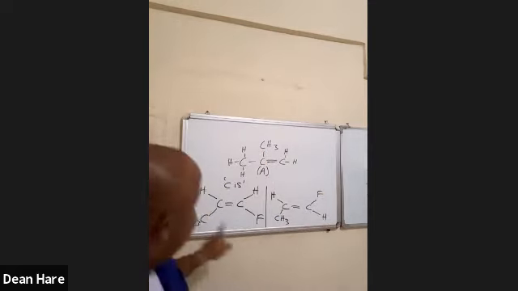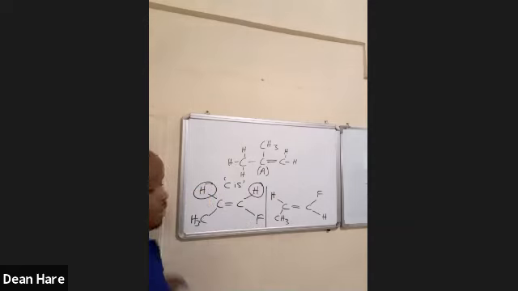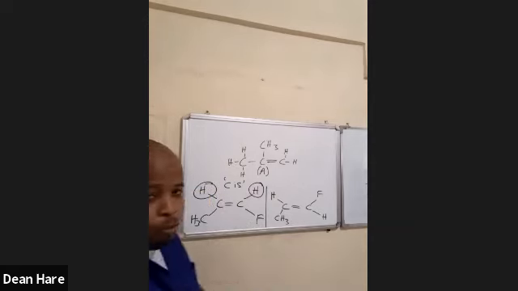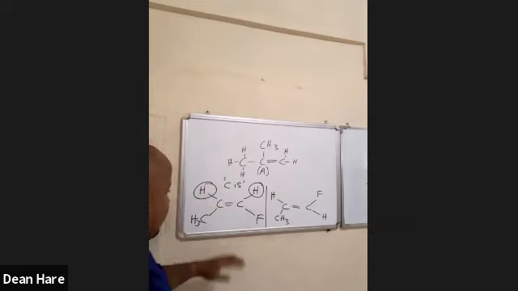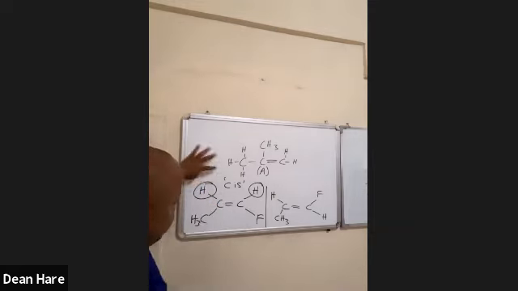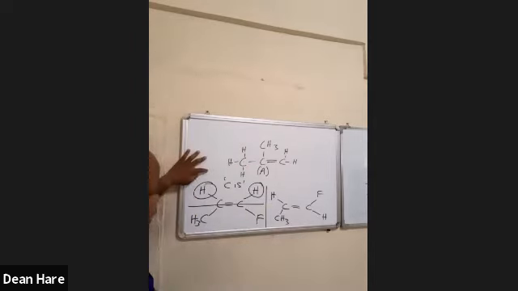Each of them has hydrogen and the methyl group and fluorine. Remember with cis strands, both atoms will be on the same side. It doesn't have to be a single atom, it can be a group of atoms as long as they're the same. And when they're on the same side of your double bond, that is cis.